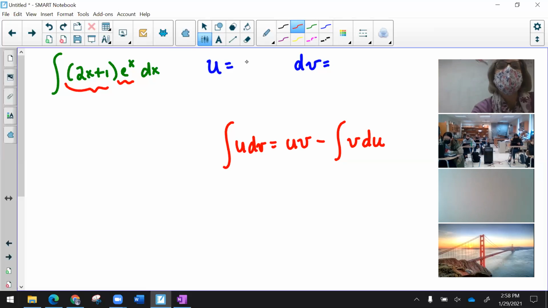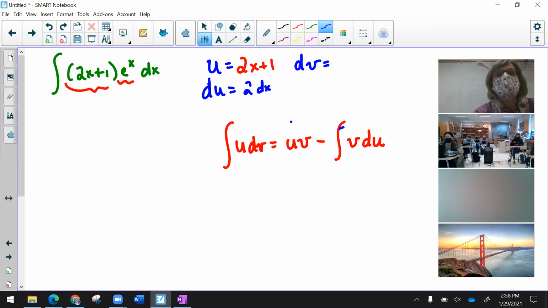So I'm going to let u be 2x plus 1, because the formula says that I need to take the derivative of that. And what's the derivative of 2x plus 1? 2 times dx. Okay, but that's okay. I can integrate that. That is lovely.